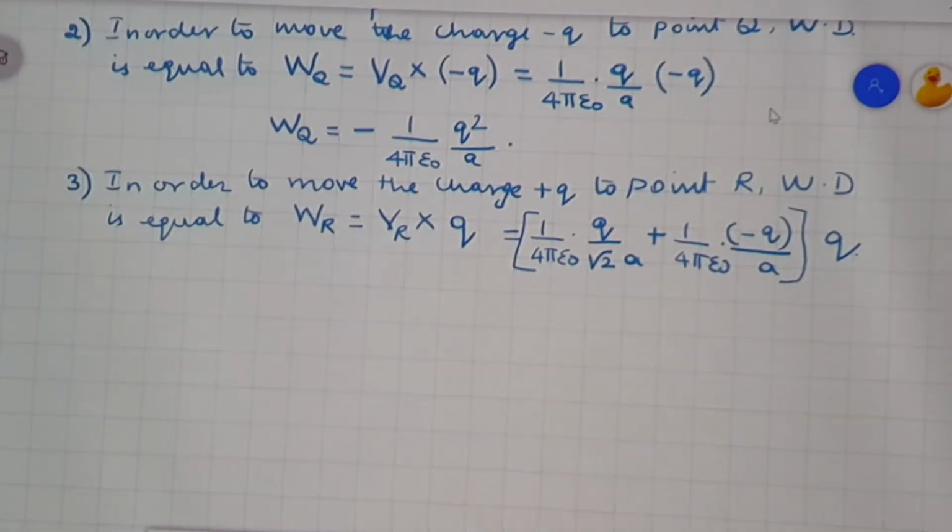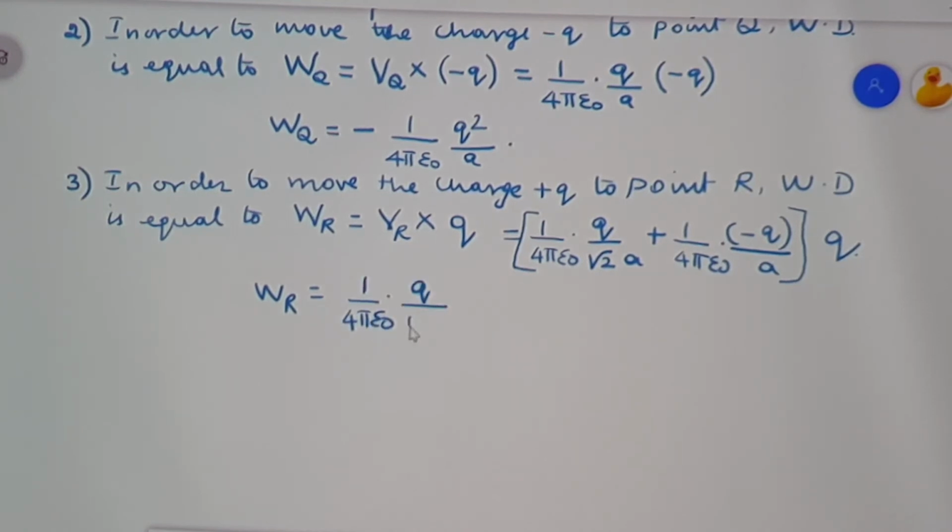Simplifying this, W of R is equal to, when you are considering these two, one more step I can write 1 divided by 4 pi epsilon 0 into q divided by root 2 into a. Here you are having plus, here you are having minus. So minus 1 divided by 4 pi epsilon 0 into q divided by a. Then multiplied with the charge moved.